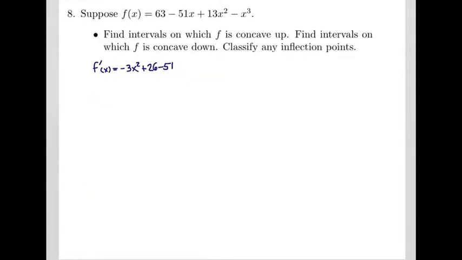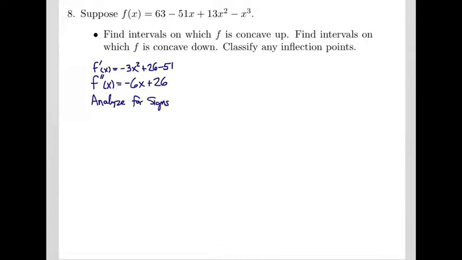Continuing this problem, we now want to look at where the function is concave up and concave down and inflection points, and these are all based on the second derivative. We've already found the first derivative, so our next step is to compute the second derivative. Once I have my second derivative, I want to analyze the signs.